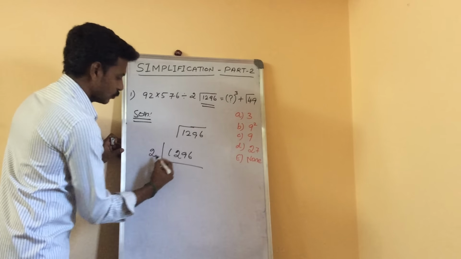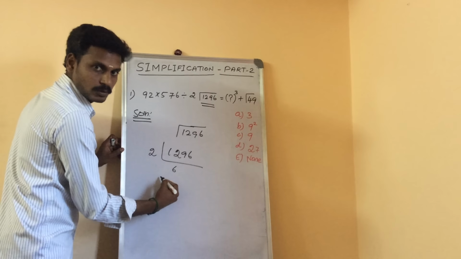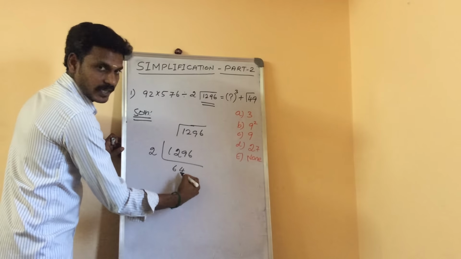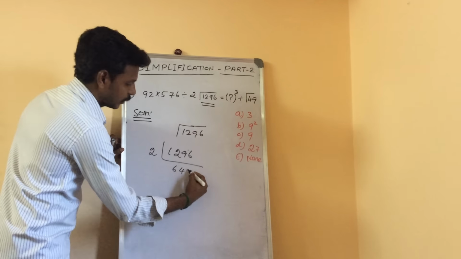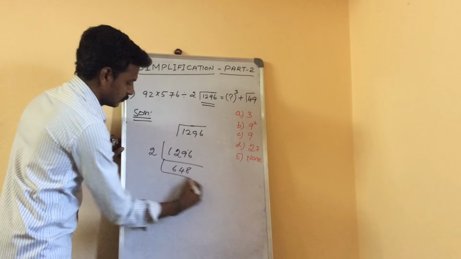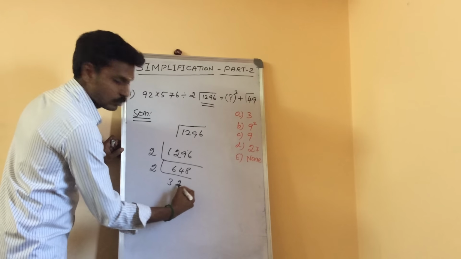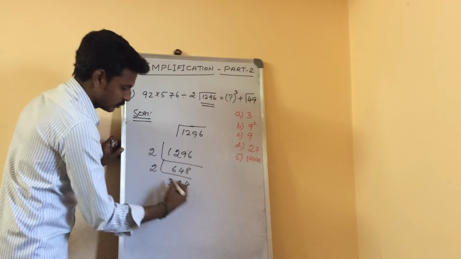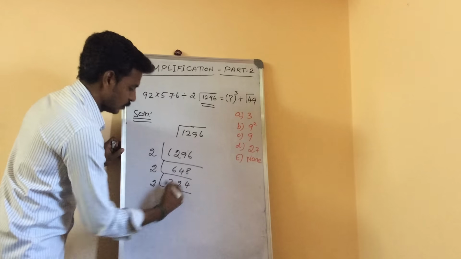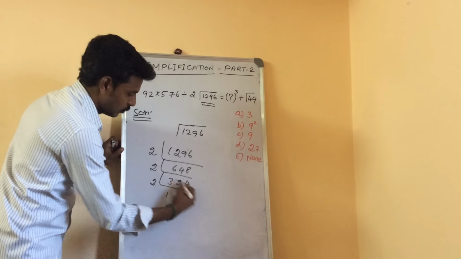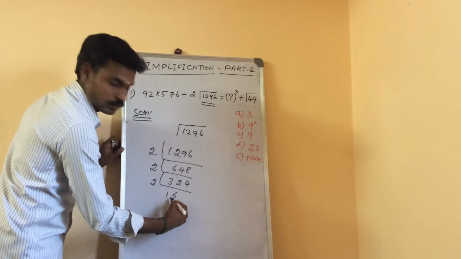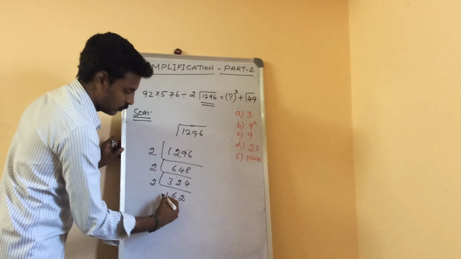2. 6 2s are 12, 4 2s are 8, carry 1, so 8 2s are 16. Again take 2, 3 2s are 6, 2 2s are 4, 4 2s are 8. Again I am going to take 2, 1 2s are 2, carry 1, 6 2s are 12, 2 2s are 4.